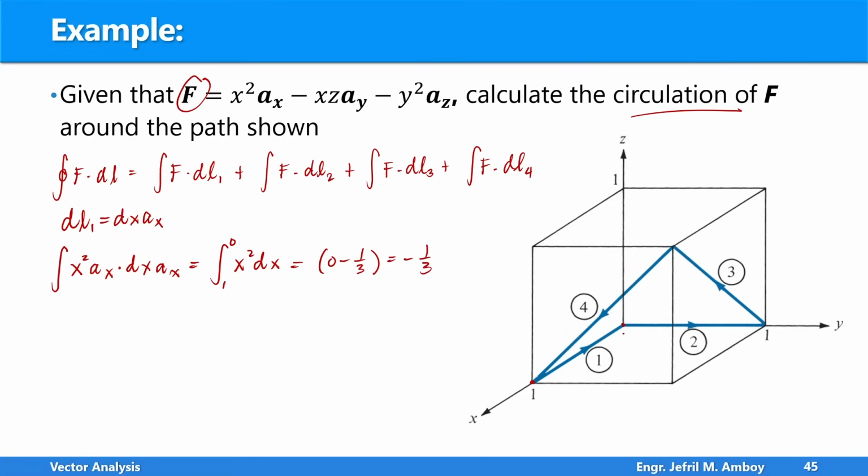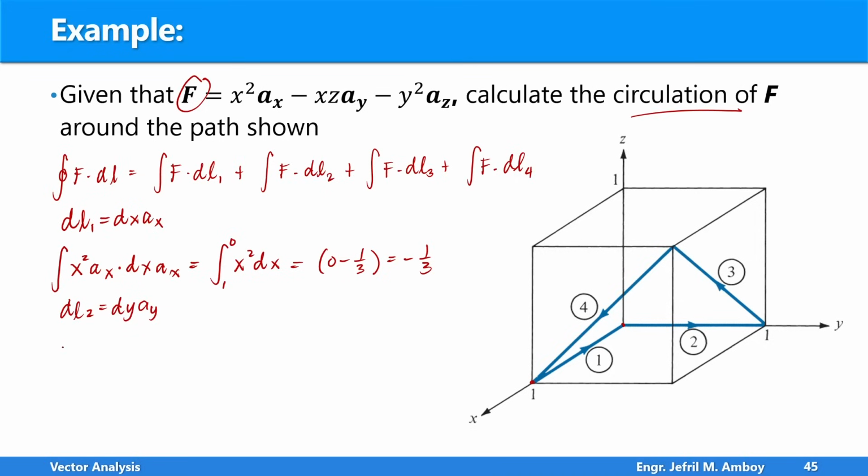Now, for the second path, let us evaluate the line integral. What is our dL for the second path? dL2, the path is along the y-axis. So, dL2 equals dy ay.